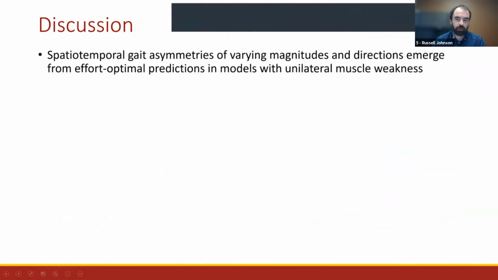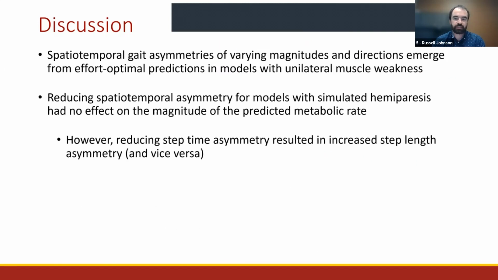So overall, we noticed that the magnitude and direction of gait asymmetries based on our effort optimal predictions varied depending on both the weakness of the model as well as the speed at which it walked. However, reducing these asymmetries for models with hemiparesis did not have any effect on the magnitude of the predicted metabolic cost. Again, it did change the other domain of asymmetry.